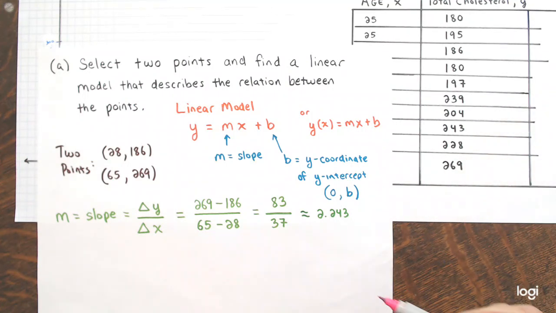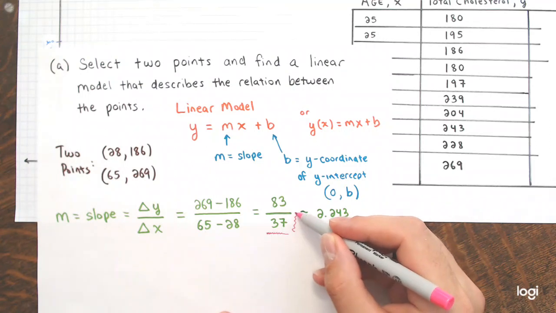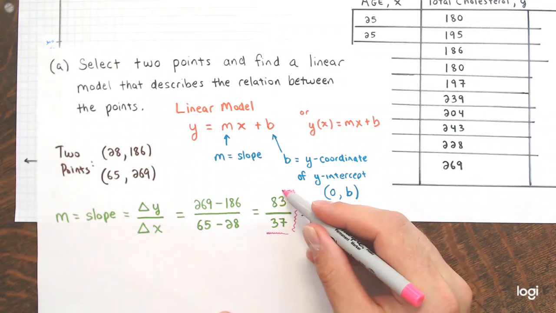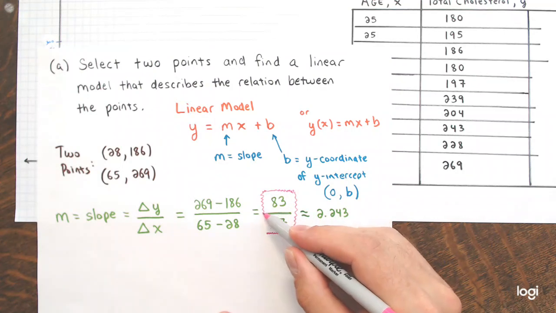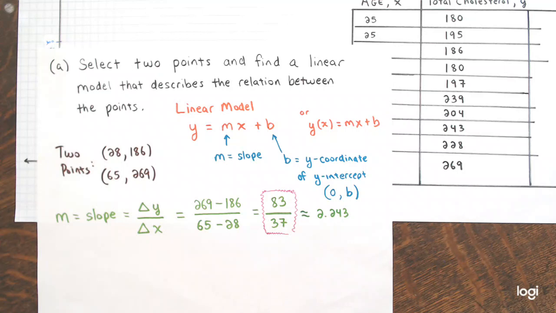I'm going to keep this as the slope for now, right? Just to make sure things stay exact and I don't round things until the very end, right? Because the more you round numbers throughout a problem, if you round in this step and then round in the next step and then round and round and round, the less accurate the final answer will be, because you'll have rounded so much.